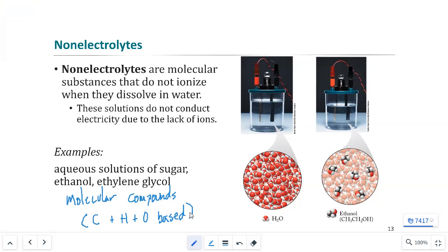And if we look closely at the chemical formulas of those molecular compounds, we will usually find that they are carbon, hydrogen, and oxygen based. They're usually organic in some kind of form or fashion. We're talking about carbohydrate molecules like sugars. We're talking about alcohols.